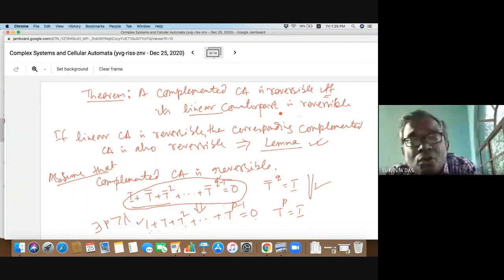Obviously, it will not work for all. It cannot work, right? It has some order. If it is K equal to K, then I am not saying the order, but if I do the summation, then it will be 0, and T bar to the power Q will be I. That is my point.